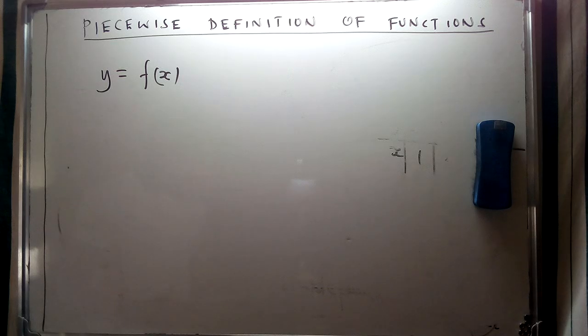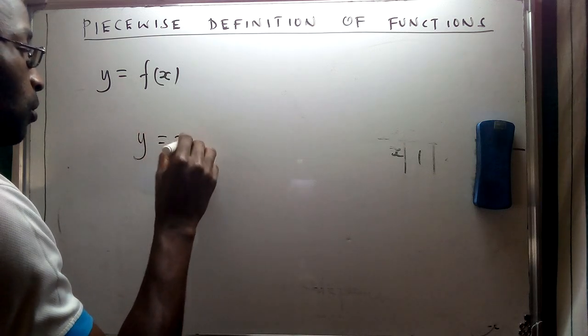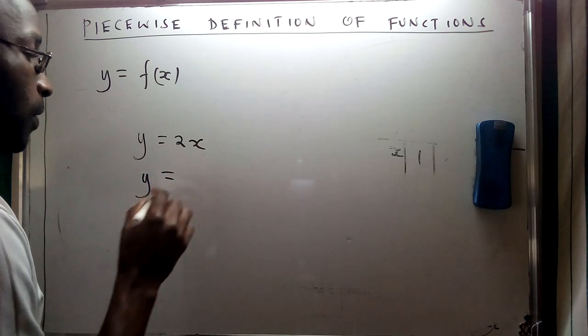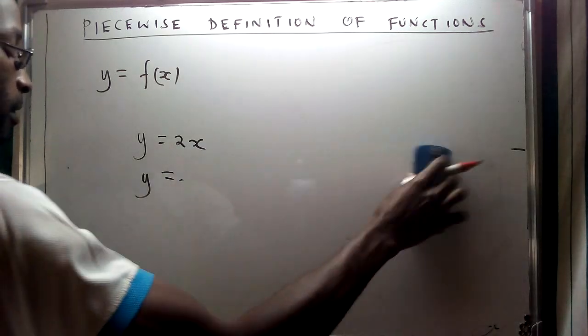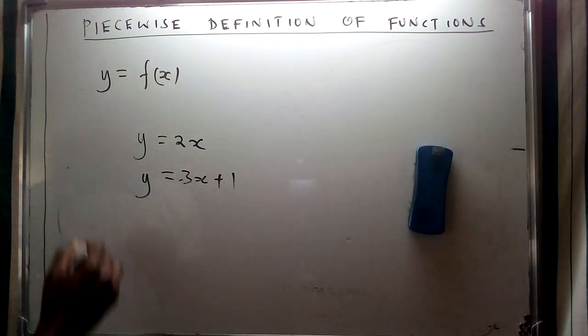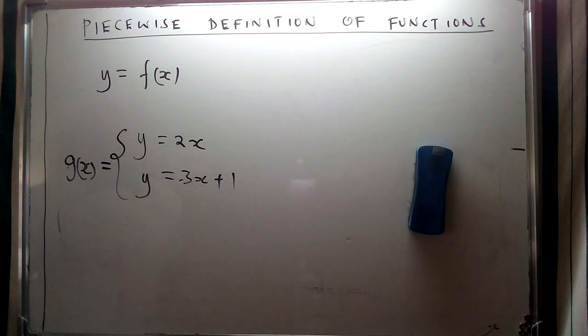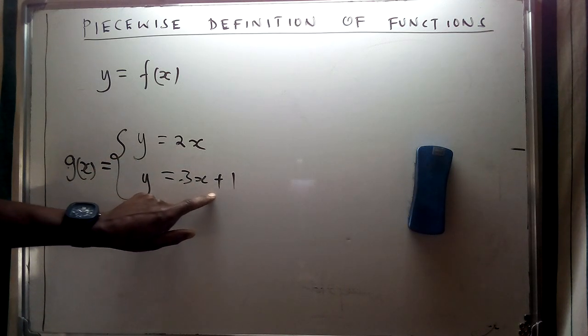Sometimes a function can be defined by 2 or more equations on a specific domain. In this case, I've specified just one equation in defining a function, y is equal to x. Suppose there's a function defined using an additional equation, 3x plus 1. So suppose a function g of x is defined using those 2 sets of functions, y is equal to x and y is equal to 3x plus 1.